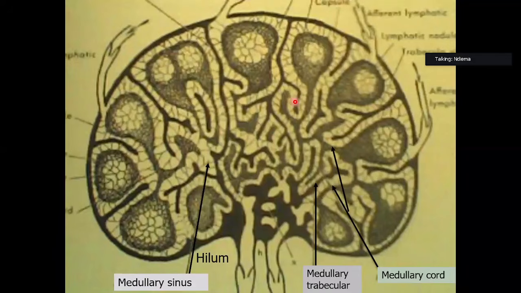So remember that unlike the spleen, in the lymph node, what flows here for the purpose of immune surveillance and cleaning is lymph. The blood vessels are just to supply the tissues with the nutrients and oxygen and to remove the metabolites.